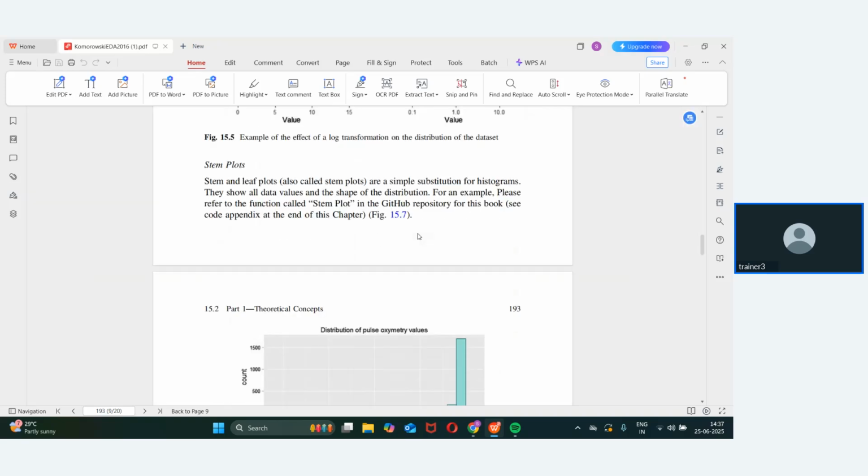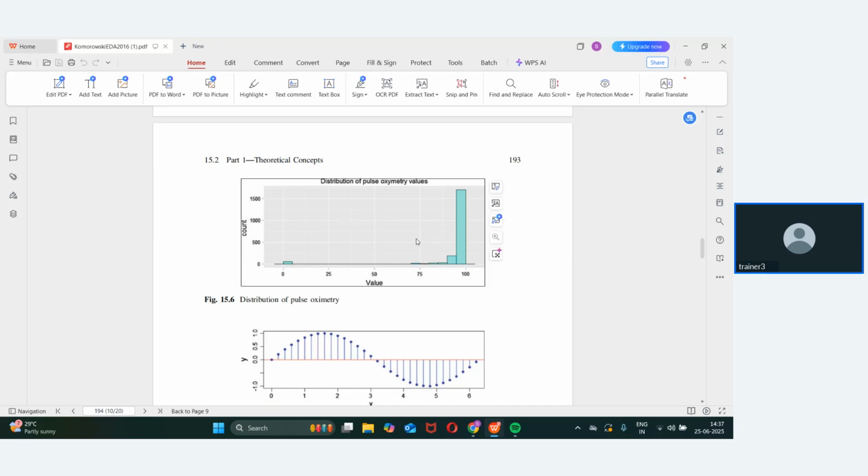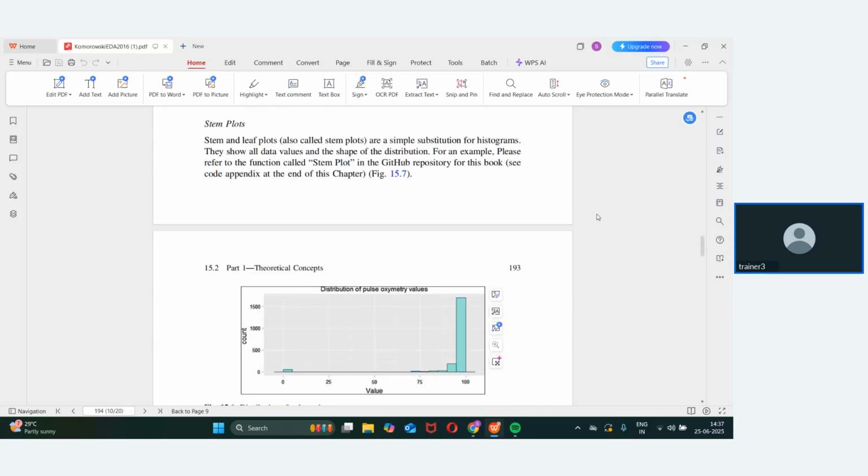Okay, stem plot. You need not know it, just have a look at what a stem plot is. These are not widely used. Coming to stem plots, what are they? They are yet again a simple substitute for histograms. Instead of that, these can also be used. They show data values and the shape of the distribution.